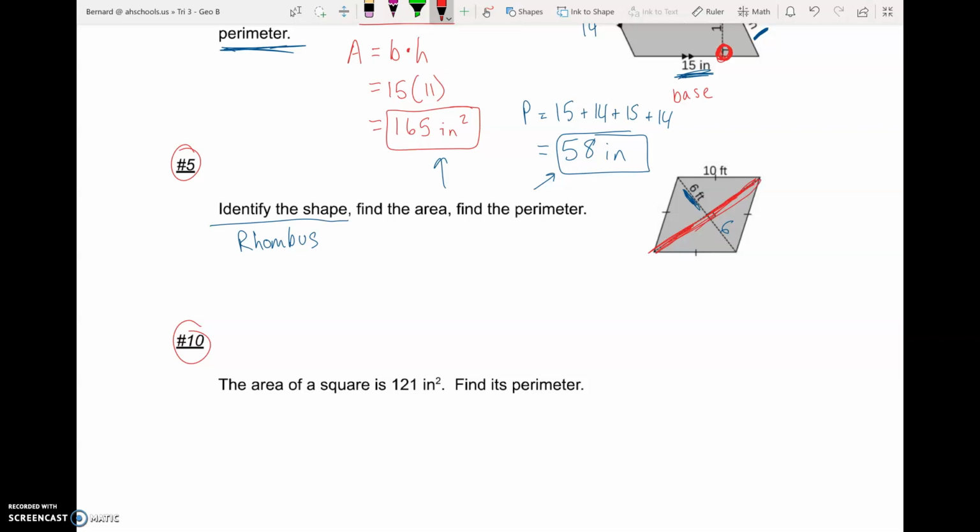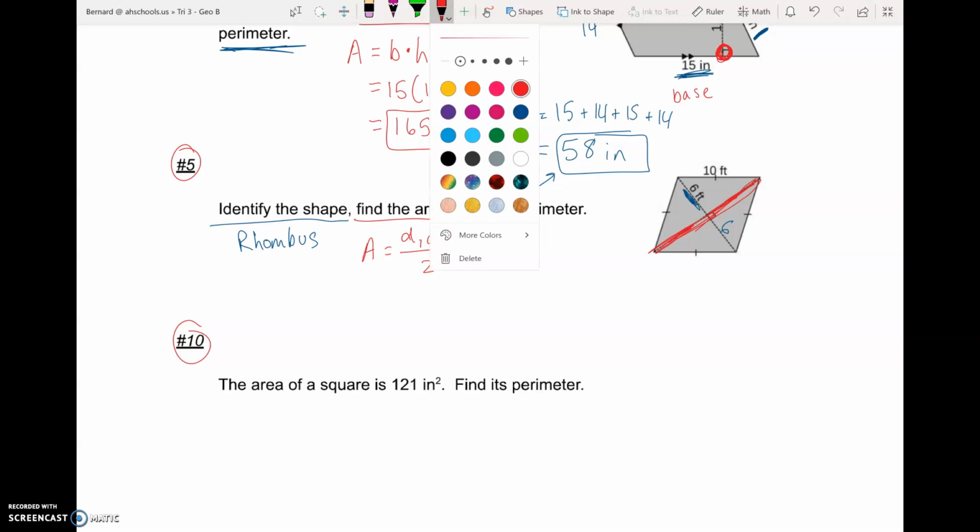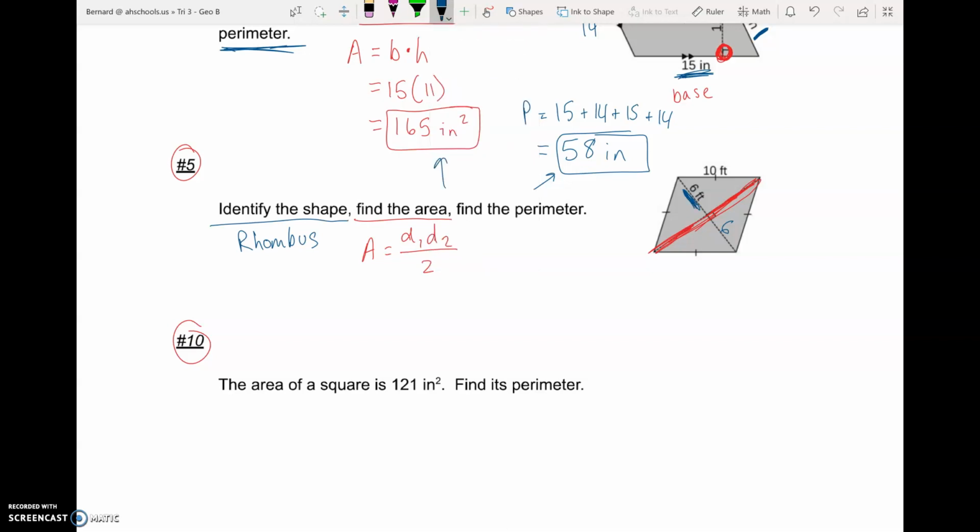Remember, for finding area of a rhombus, one of the best formulas is area equals diagonal 1 times diagonal 2 divided by 2. And remember, it doesn't matter which diagonal is which, but what matters is we're talking about full diagonals. So in the blue, part of it was 6, other part 6, so the whole thing is 12 feet.